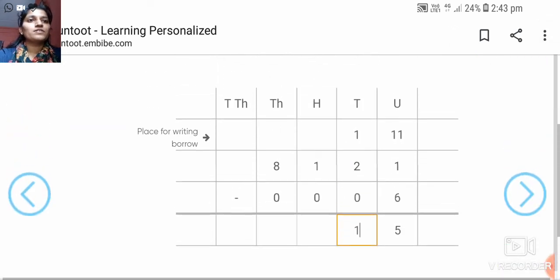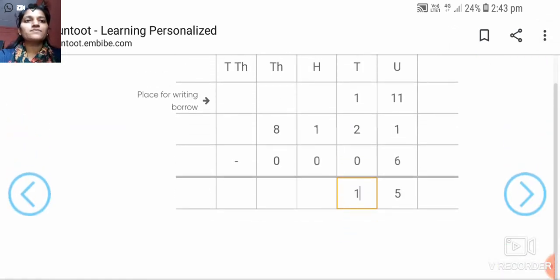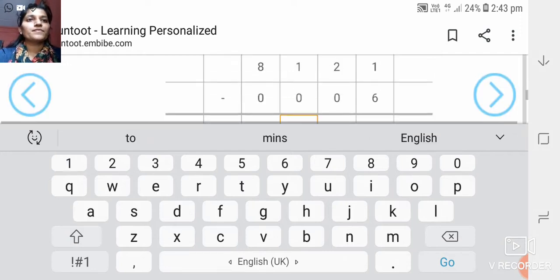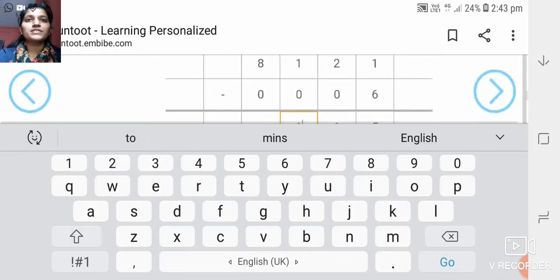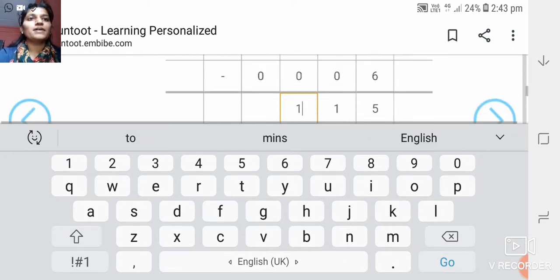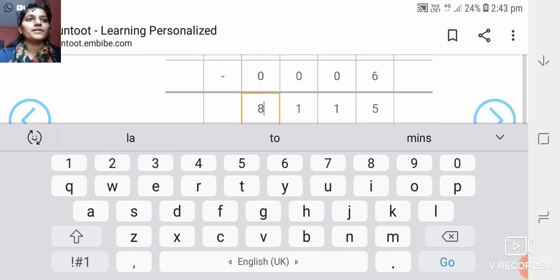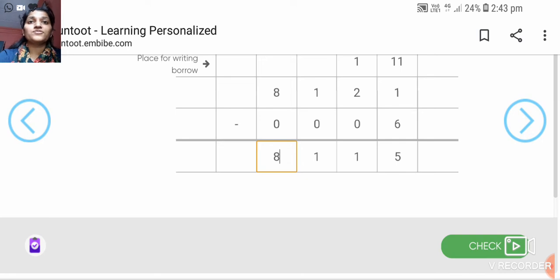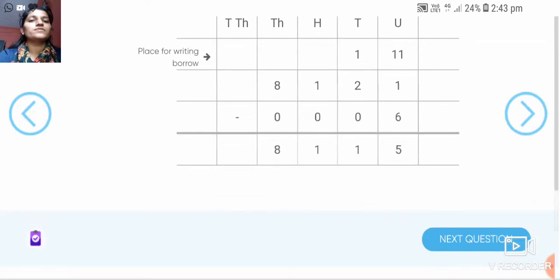Okay, so this will be our answer. In the hundreds place we have 1 minus 0, so 1. And in the thousands place we have 8 minus 0, so 8. Okay, so our answer is 8115. So let's check our answer. Is it correct or wrong? Yes, it is correct, because the next question option came.